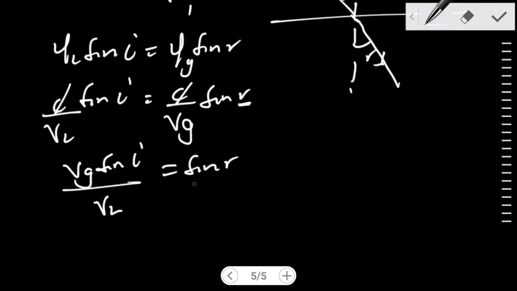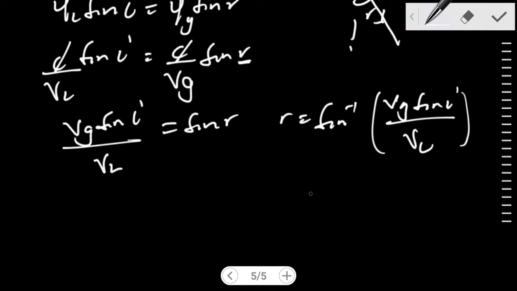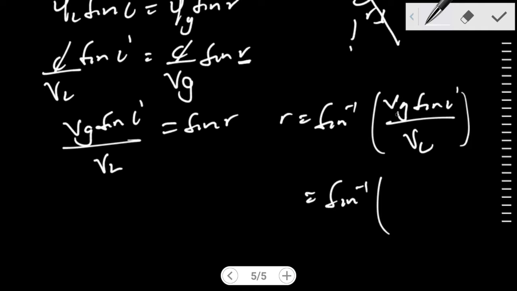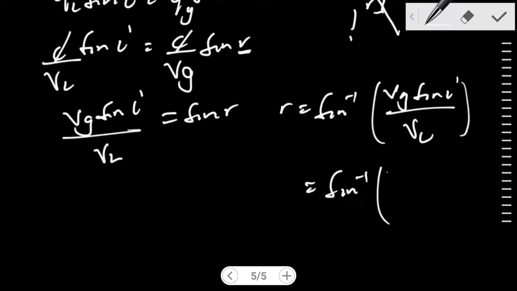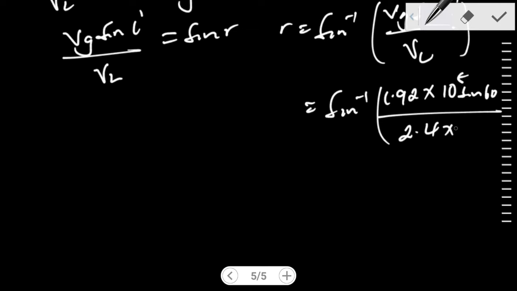But since I'm looking for the angle, r would be equal to sine inverse of sine I over V of the liquid. Therefore it would be sine inverse of the speed of light within the glass, 1.92 times 10 to the power 8, times sine of 60, divided by 2.4 times 10 to the power 8.